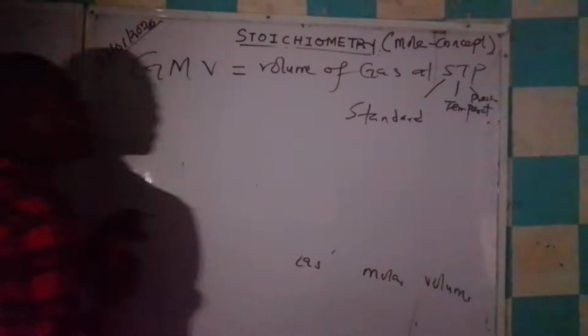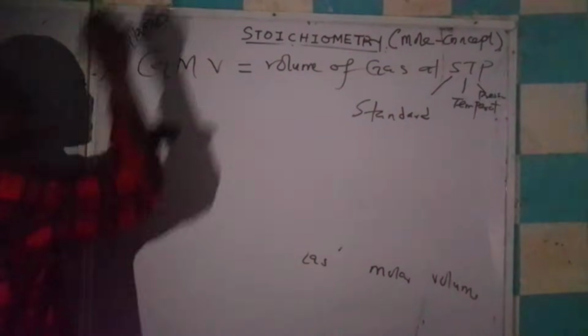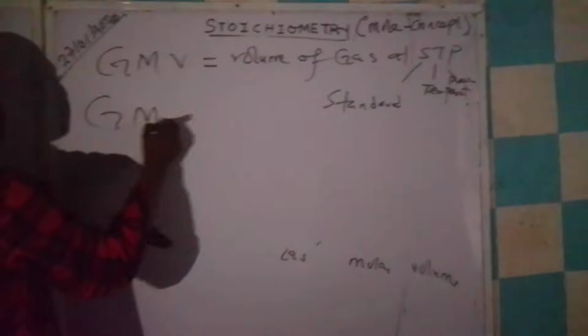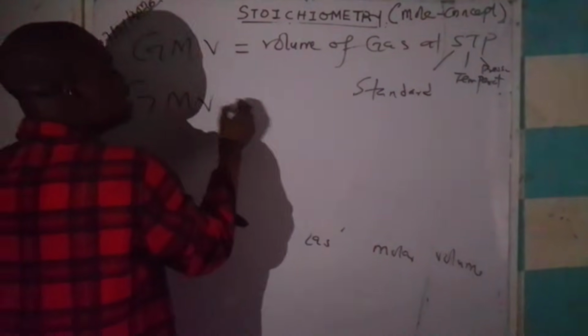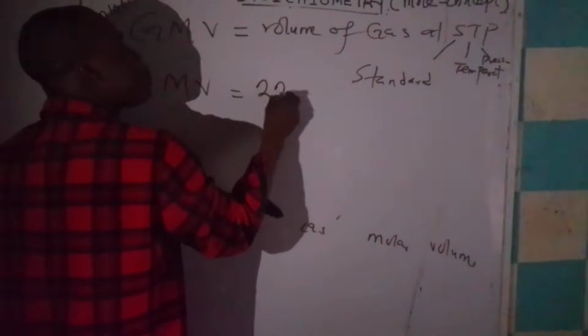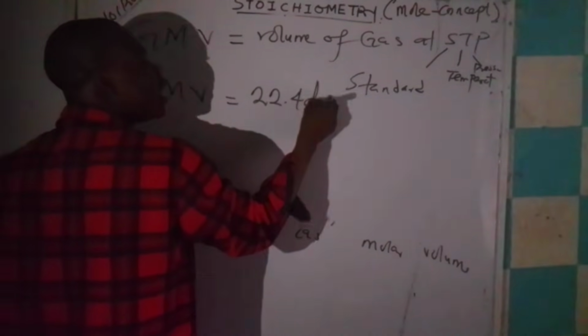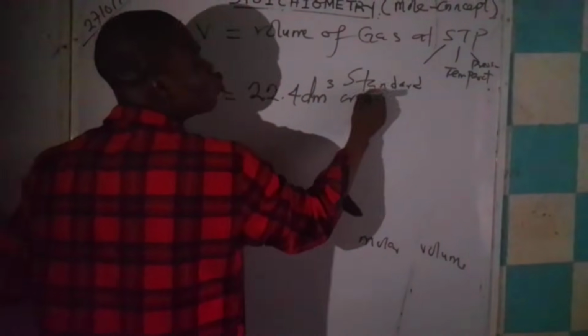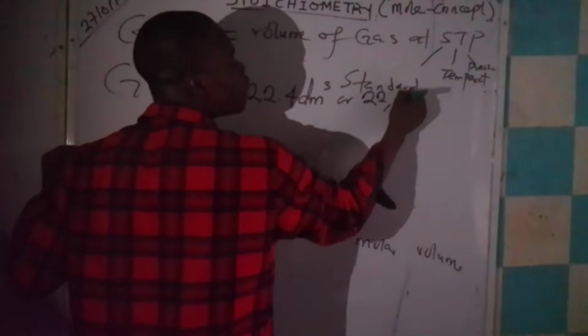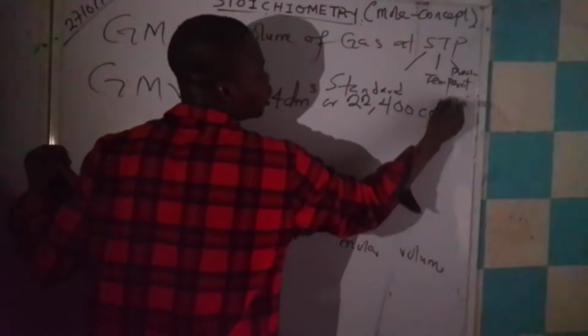And note that the volume of the gas at STP, or gas molar volume, is equal to 22.4 dm³ or 22,400 centimeter cubed.